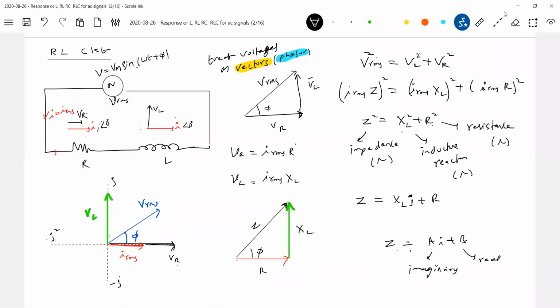A quantity having magnitude A and phase angle 90 degrees. What about B? It's a quantity having only magnitude and zero phase. And Z is a complex number. Why complex? Because it has a magnitude Z and a phase angle given by tan inverse of B by A.